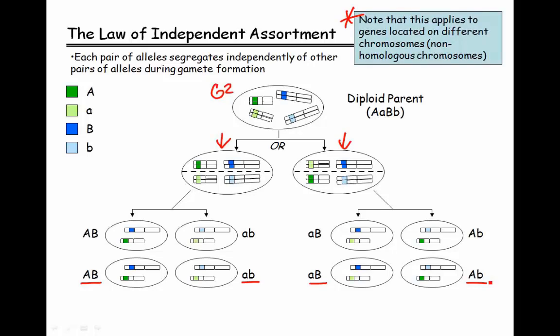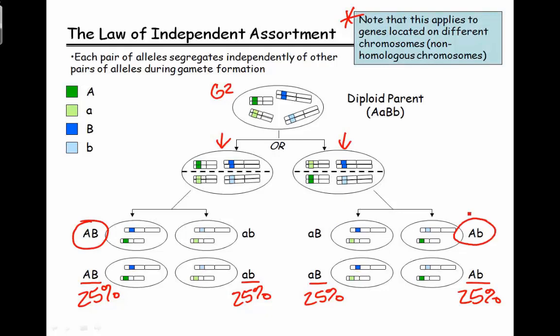So what that means is that we really expect that 25% of our gametes are going to be like this, 25% will be like this, 25% like this one, and then 25% this one. Which means that we're getting an equal probability of getting, say, capital A with capital B, and an equal probability that capital A is going to go with lowercase b.